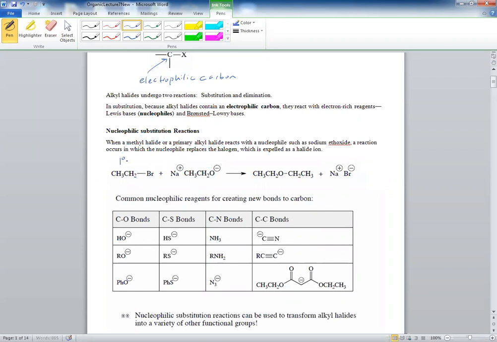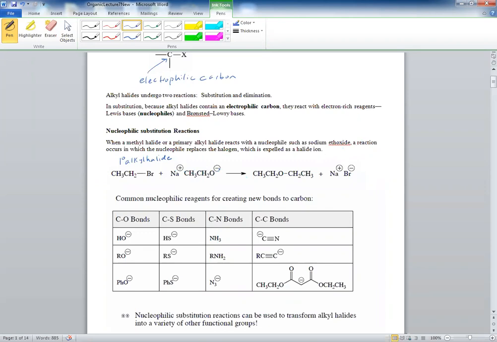This is a primary alkyl halide. And you react them with sodium ethoxide, which is this right here, your nucleophile. The reaction occurs in which the nucleophile replaces the halogen, which is expelled as a halide ion.